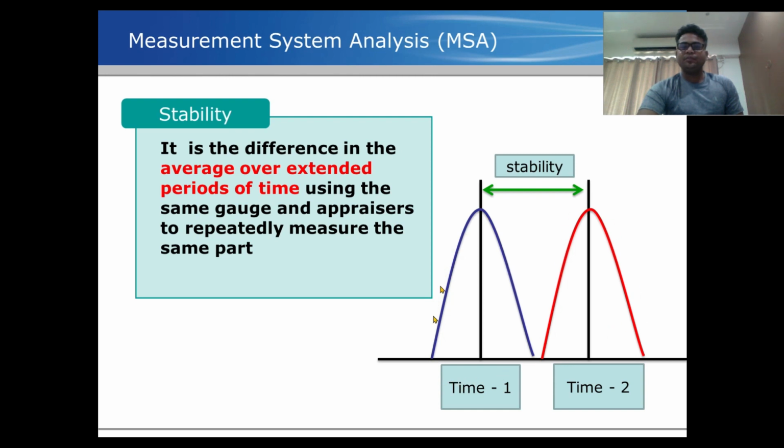It means that this data has been observed at time 1 by the same operator, appraisers meaning operator, and the same gauge. At a different time, this data has been observed by the same operator and same gauge. So this gap between two times is called stability.